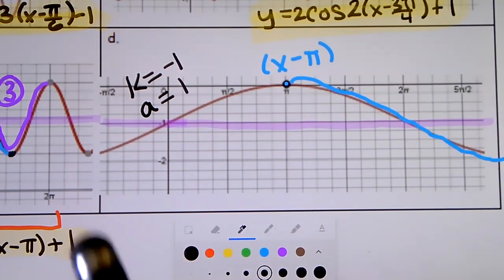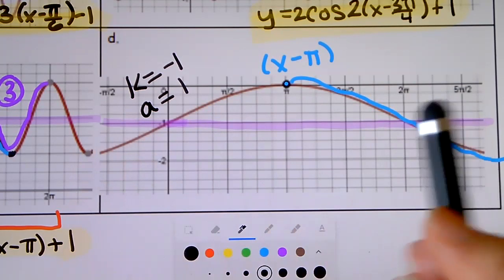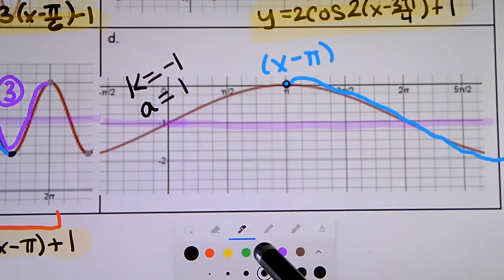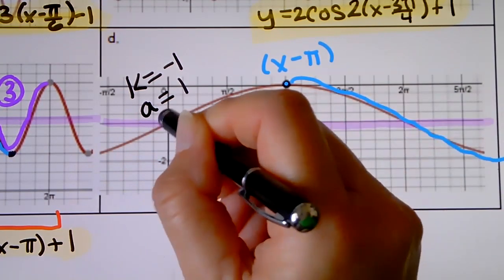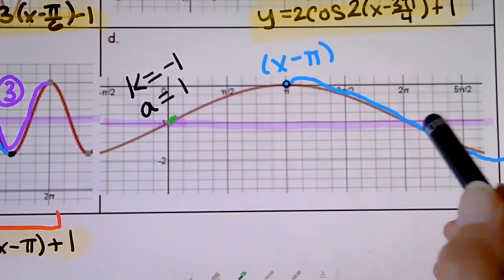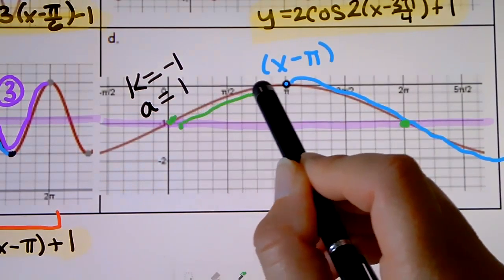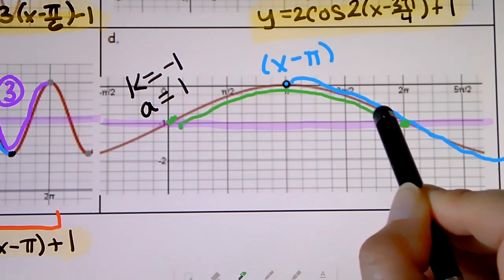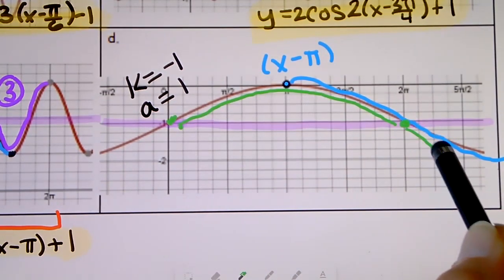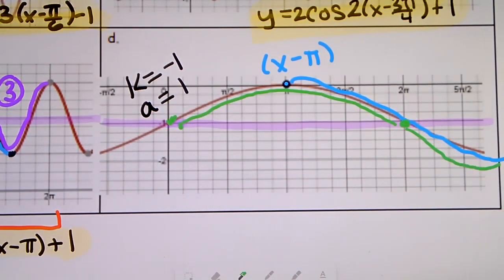Your sines are the ones where you have your zeros, okay? So I want to focus on, let me get green for this, just to get a different color, starting here to here. This would really be half of a sine graph. And then I would continue and I would have the other half and it would come like this.